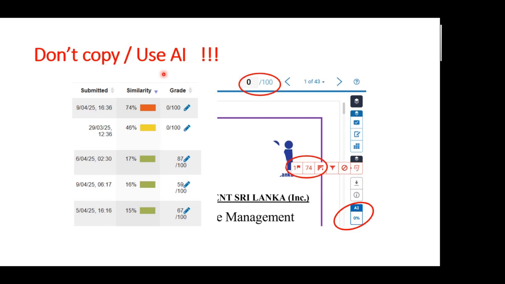But however, those can be tracked and your copy rates are highlighted. When your copy rates become too high, your AI rate is also shown. So if it happens, you are more likely to get low marks, or sometimes there's a chance your proposals get rejected.